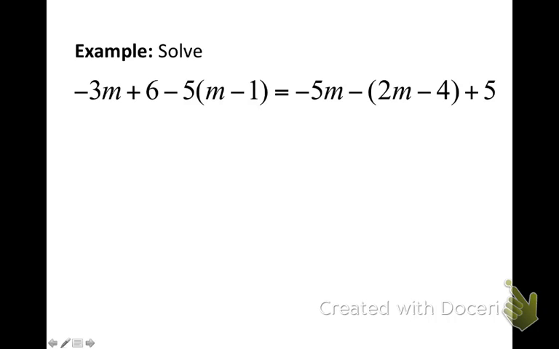Got all sorts of stuff going on there. Lots of places to make mistakes. So go one step at a time. Make sure you remember to distribute your negative in front of parentheses.